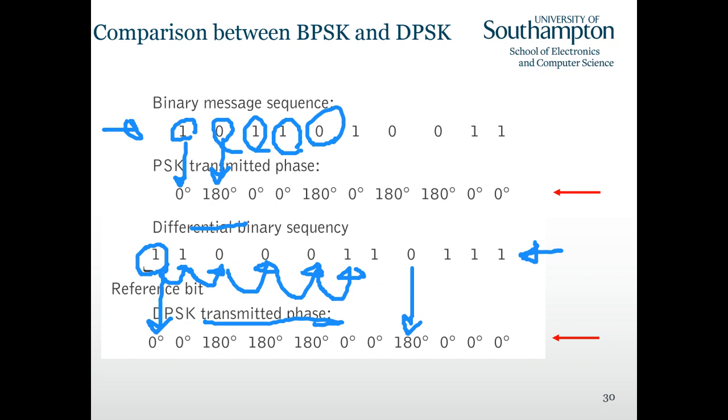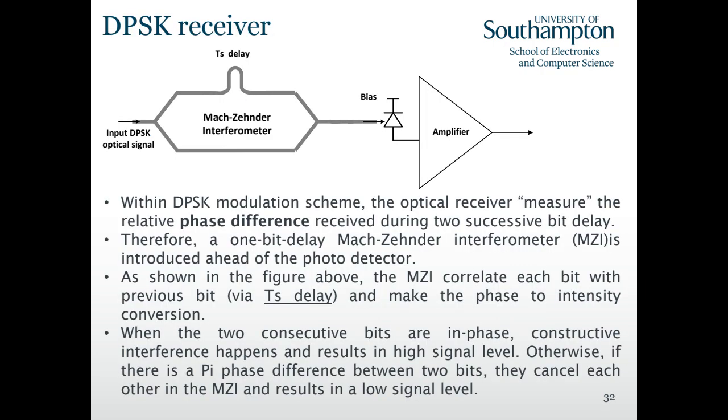So how does the receiver work? As a receiver, we have the received signal, and the received signal would go to one arm, and the other arm would have the delayed version of itself, and then these two signals will interfere. So if we changed the state between the two, yn and yn minus 1, if there's a change between these two, then the intensity would be low.